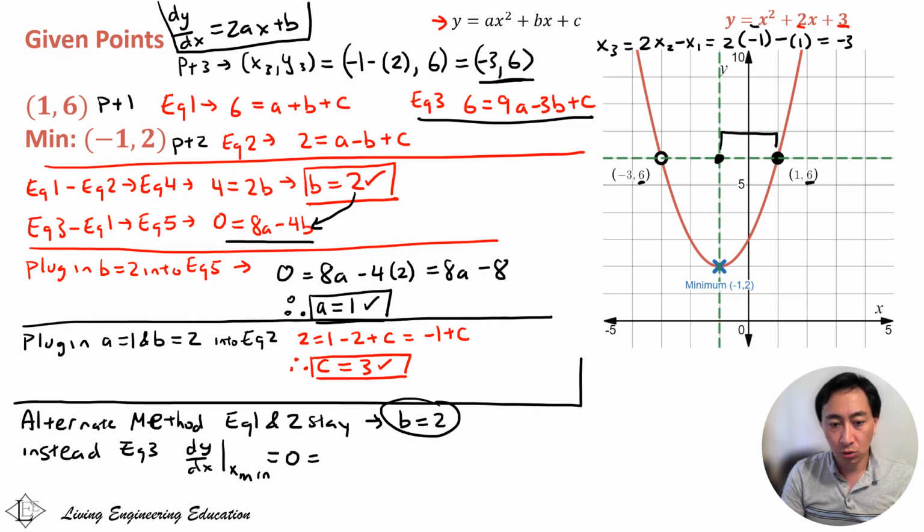So 2ax, the x of the minimum point, which is negative 1, plus b. So this is negative 2a plus b is equal to 0. Then I'll plug in b equals 2 into this, my new equation 3.